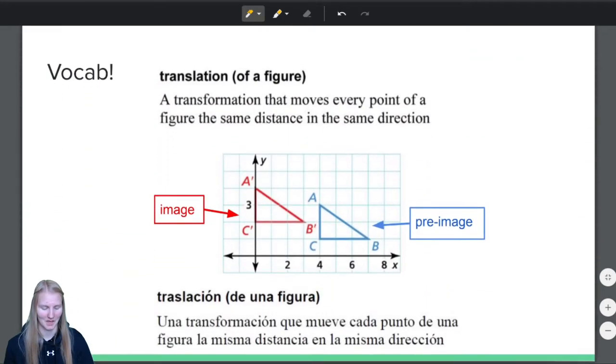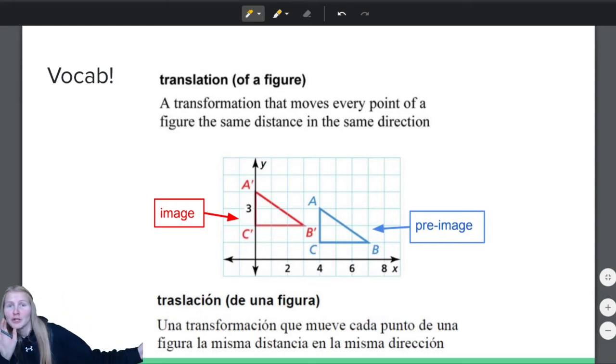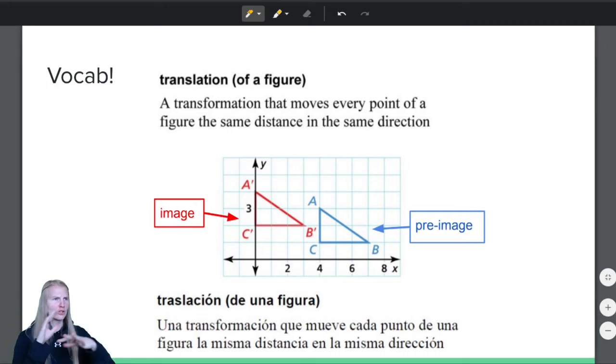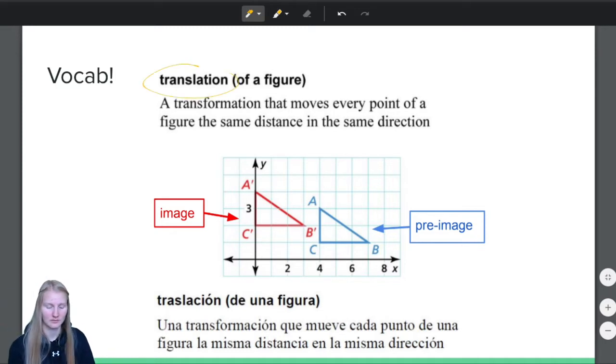Well, have you ever heard of the cha-cha slide? The slide to the left, slide to the right, crisscross, the cha-cha slide. So, when the cha-cha slide says slide to the left, that's what a translation is.